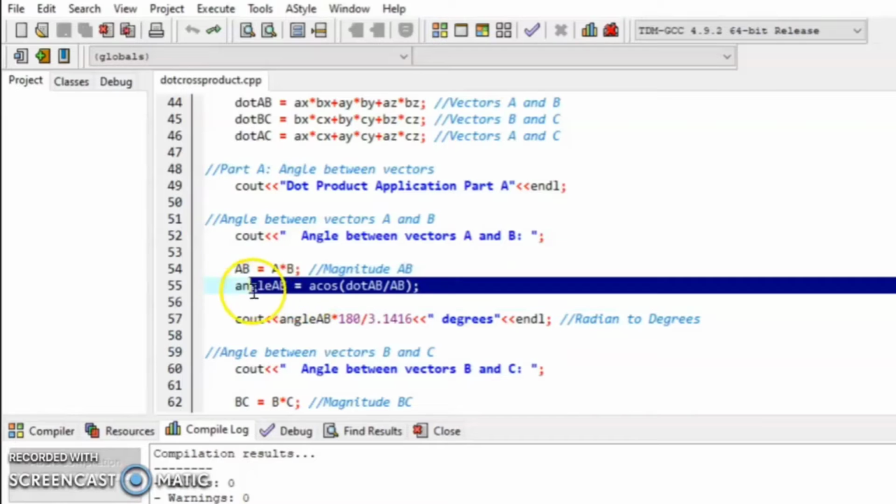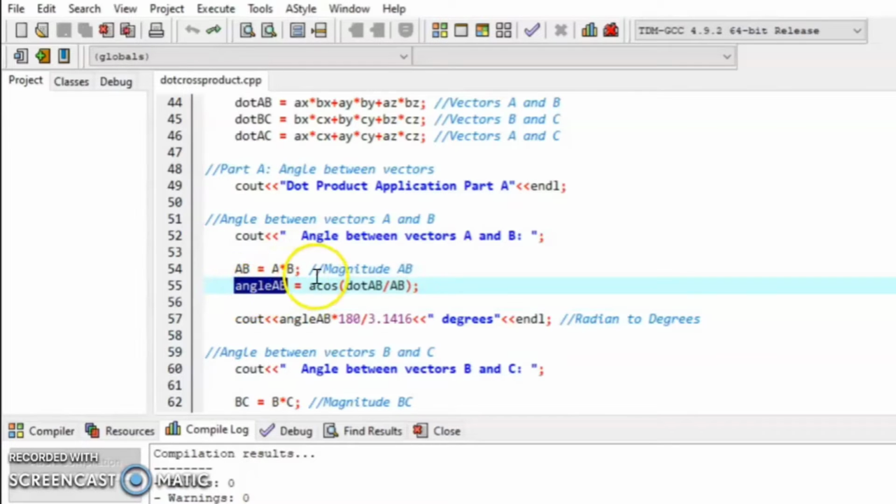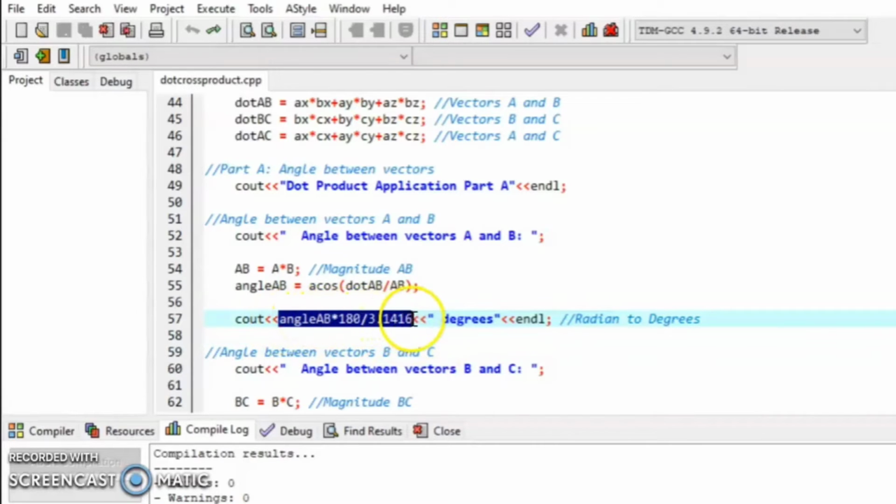Since the value that we will get here is in radians, we need to convert it into degrees. That's why I included the formula for the conversion of radians to degrees: the value we get here multiplied by 180 over pi, which is 3.1416.